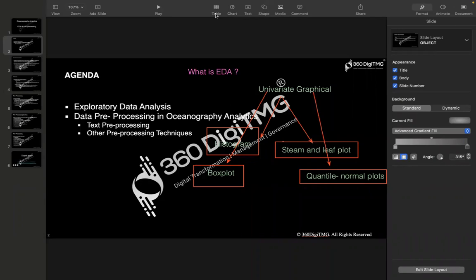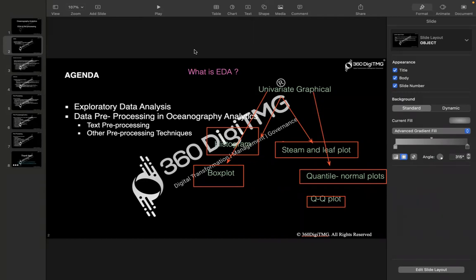It is also called the quantile normal or QN plot, or generally the quantile-quantile or QQ plot. So it will be easy to understand all these things.